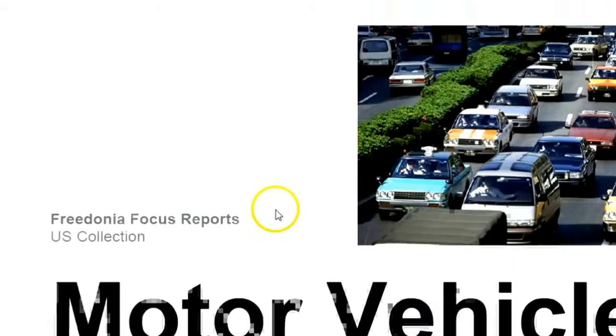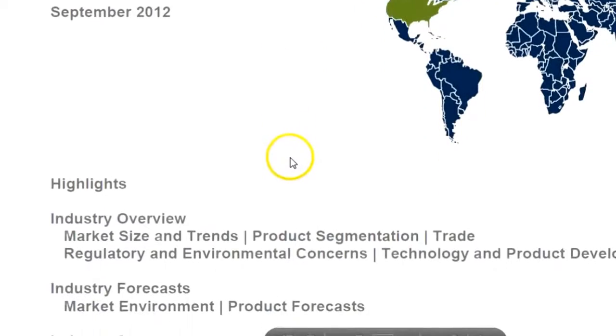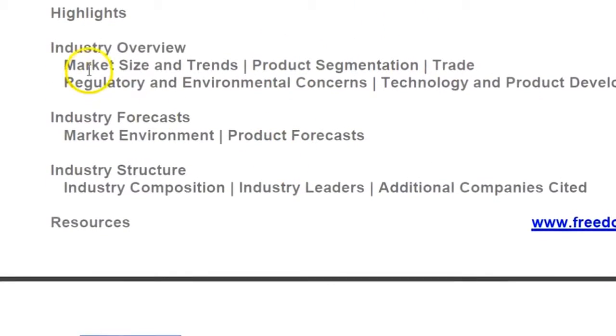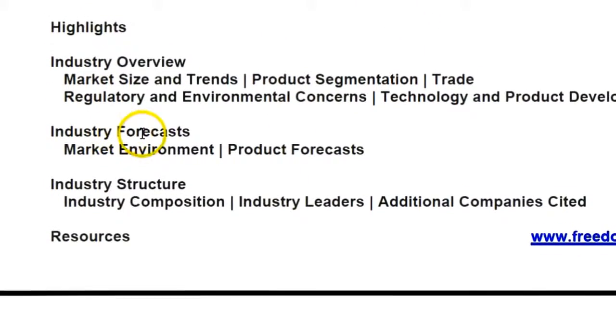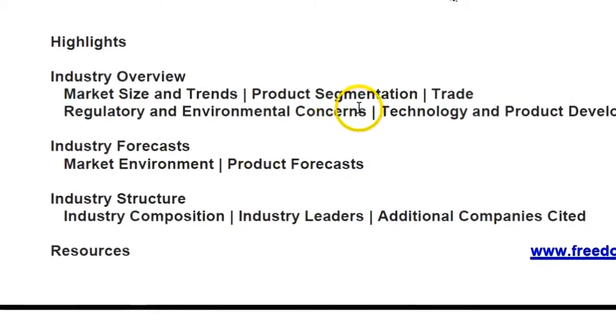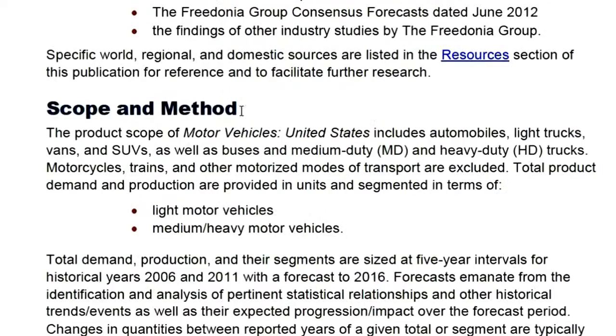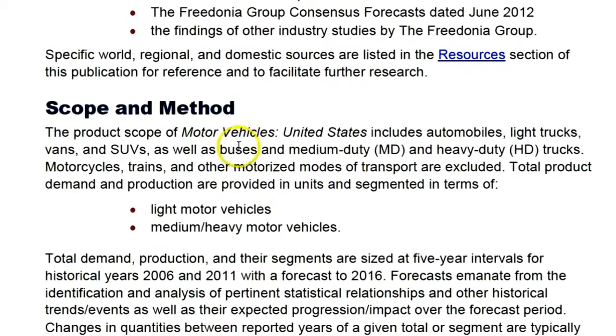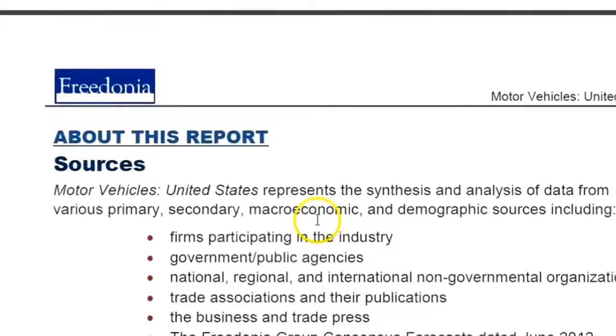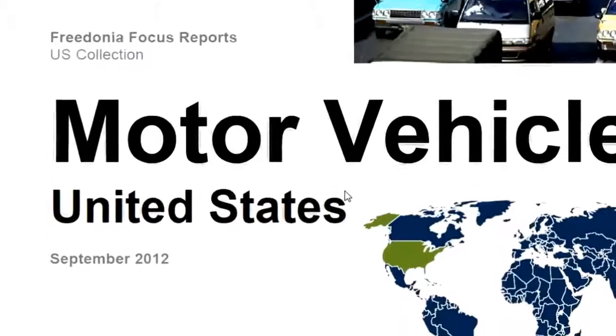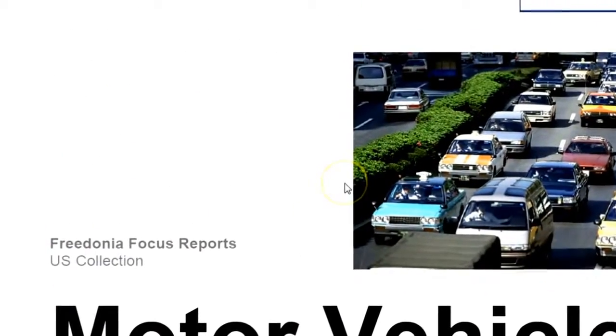And these are nice 25, 30-page reports that talk about motor vehicles, in this case the U.S., and give you things like forecast trends, segmentation, trade, things like that. So it's a nice report to give you an additional source to complement the ones that are often used, like IBISWorld and things like that.